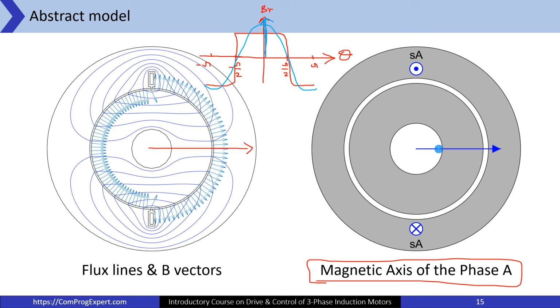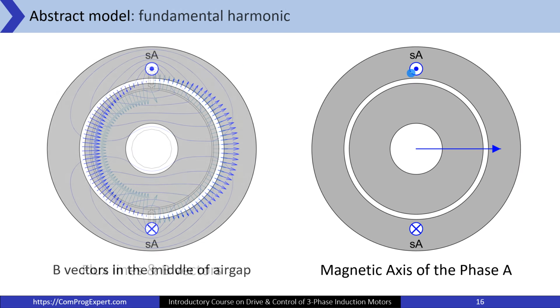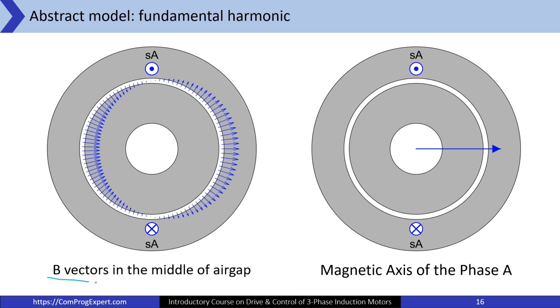This is a space vector. So this is important because we use it later when we develop the abstract model. So suppose that we have an ideal winding that can generate a sinusoidally distributed radial component of the flux density in the air gap, this ideal case.